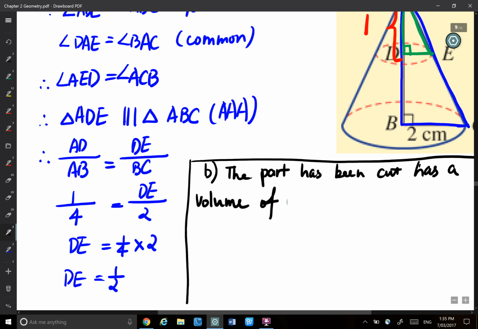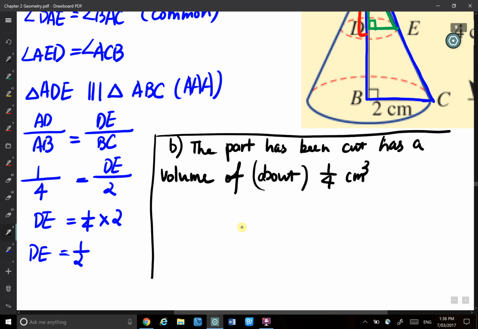A third times pi r squared times h. Say a volume of about, let's say it's about a quarter centimeter cubed. Okay, it's not an accurate value, but let's say it's about a quarter centimeter cubed.